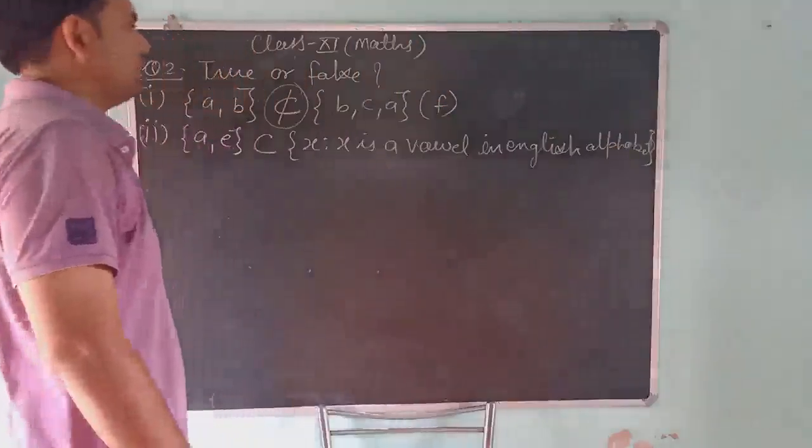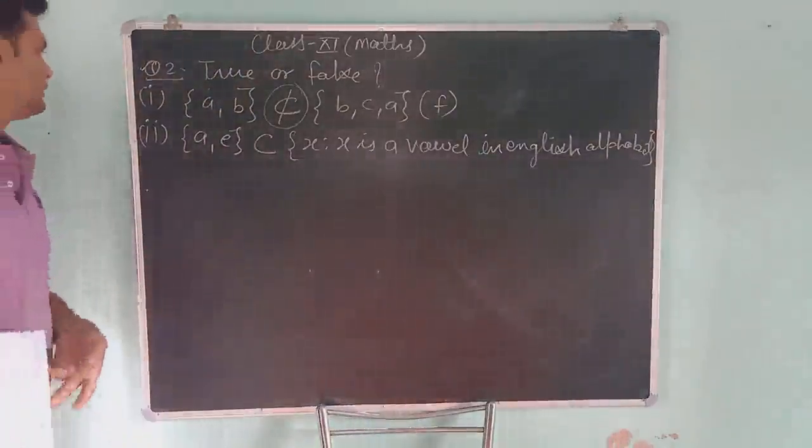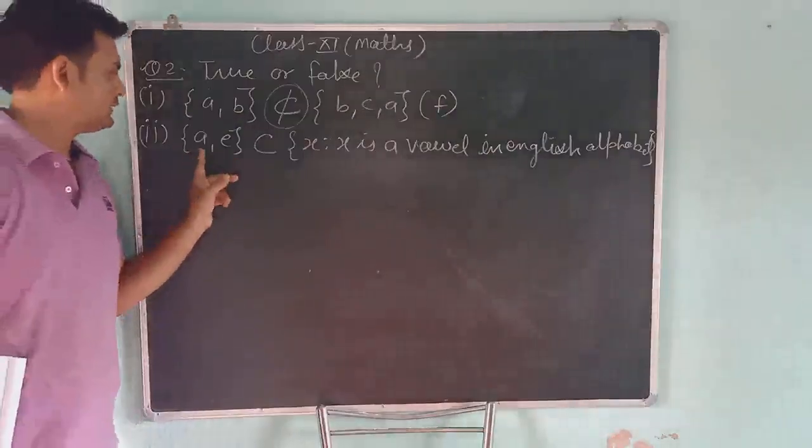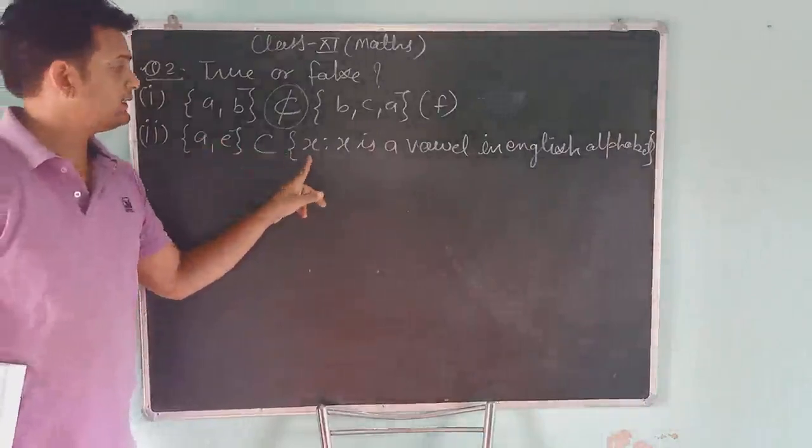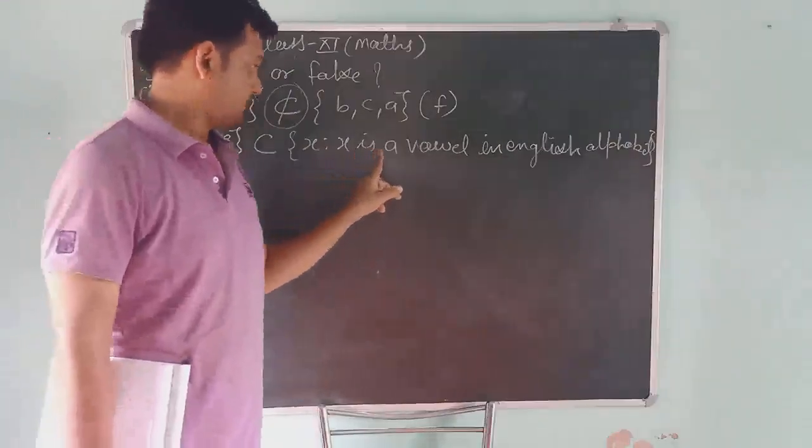In the first set we have two elements A and E, and the second set is given in set builder form.